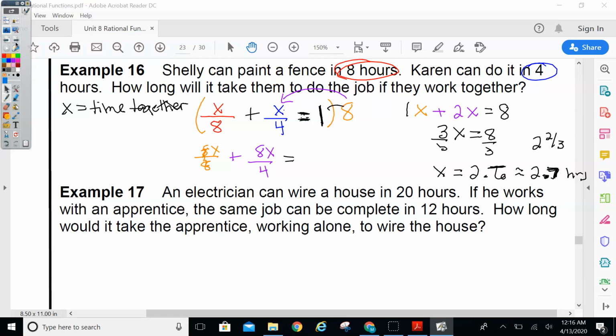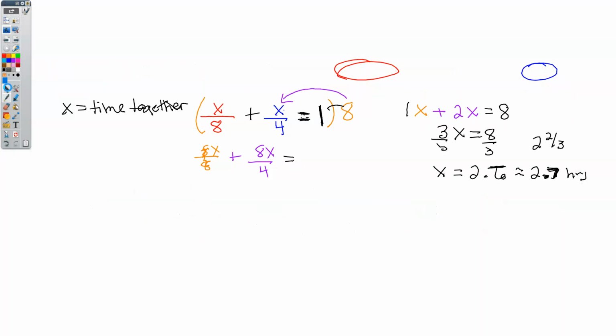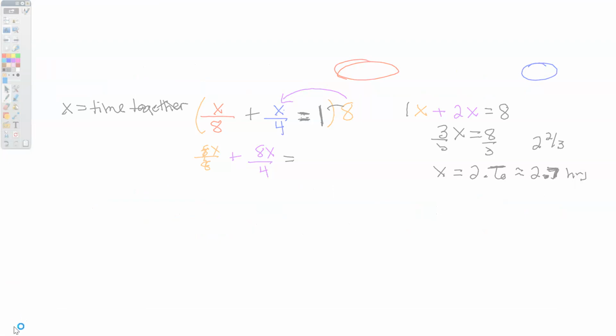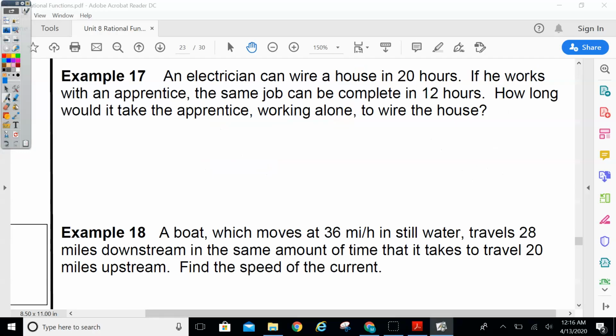So it says an electrician can wire a house in 20 hours. If he works with his apprentice, the same job can be completed in 12 hours. How long will it take the apprentice working alone to wire the house? So how is this one different than the other ones? So notice here, it gives the electrician alone can do it in 20 hours.